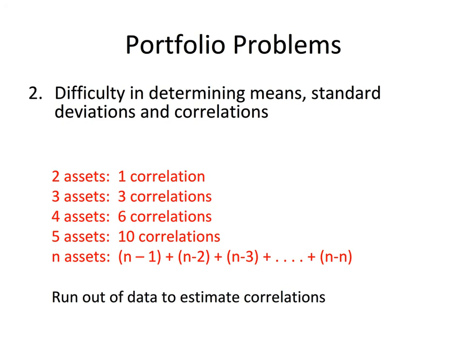As you approach any reasonable number of assets that you would include in a portfolio, or think about estimating correlation coefficients for all assets in the Dow Jones Industrial Average, 30 assets, you quickly run out of data to estimate all those correlations, because there are more correlations that need to be estimated than there are degrees of freedom or data that exist.